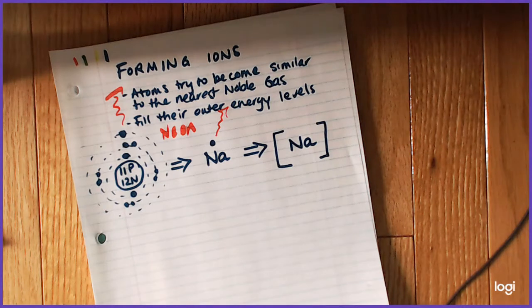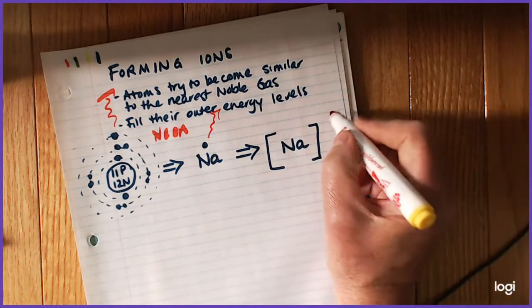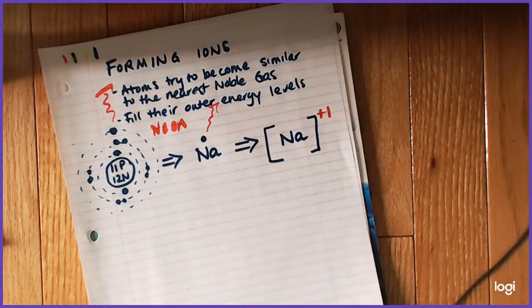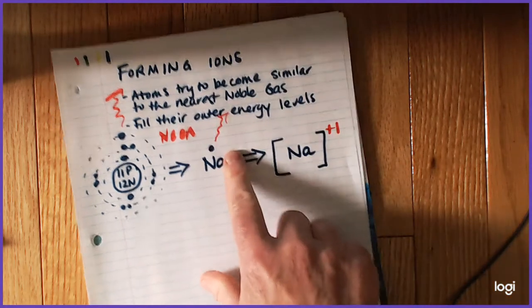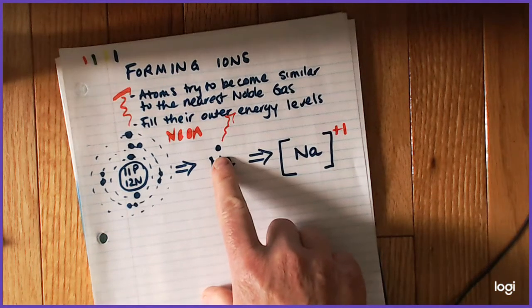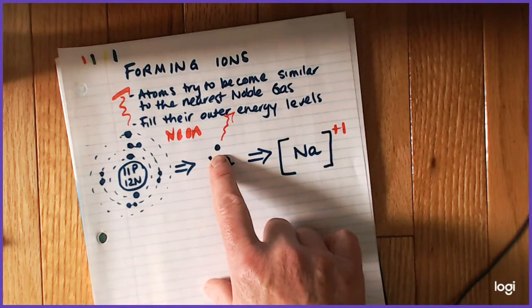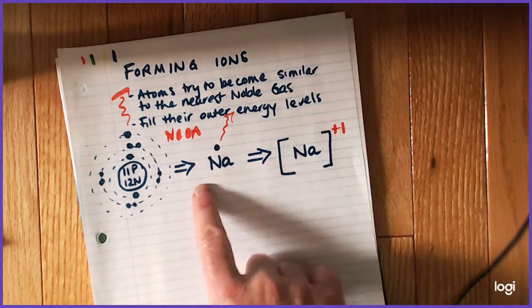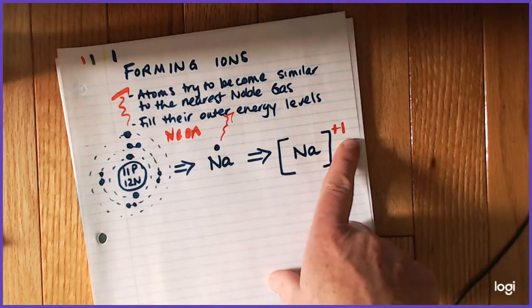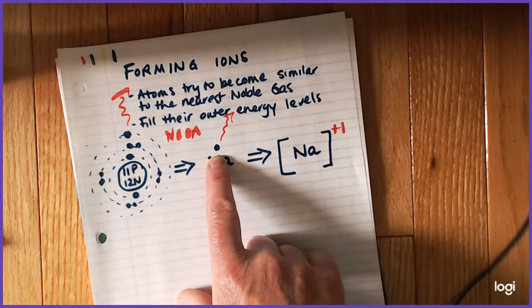Our overall charge is positive 1 because we've lost a negative electron. I always like to say that when you lose a negative electron, it's like losing part of a negative attitude. You become a little bit more positive. So we have an overall charge of positive 1 because we lost 1 electron.